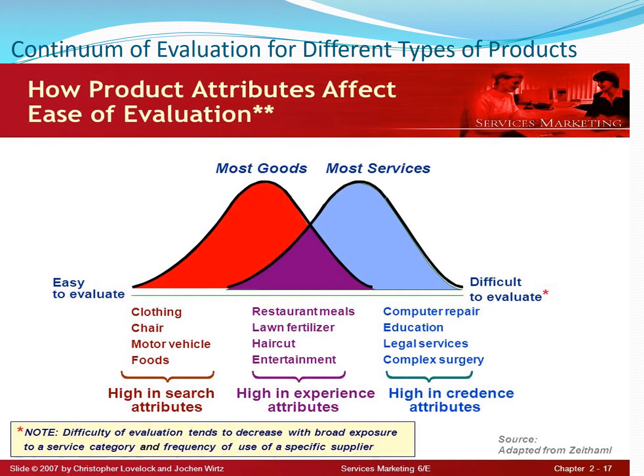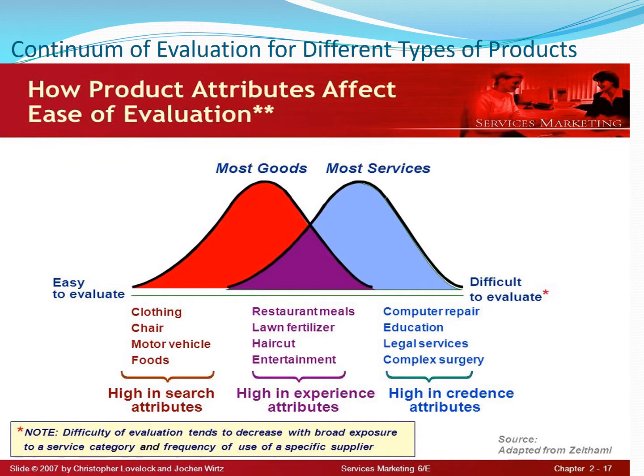Products such as automobiles, clothing, furniture, and jewelry are high in search qualities because their attributes can be almost completely determined and evaluated before the purchase. That's why they are listed there in the first bracket on the left-hand side, easy to evaluate, high in search attributes.